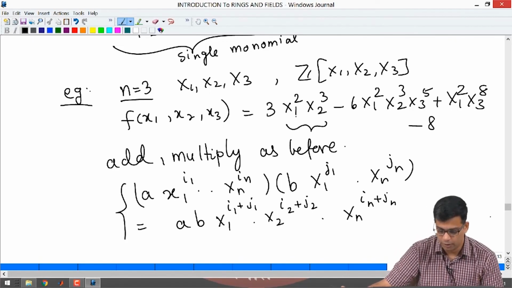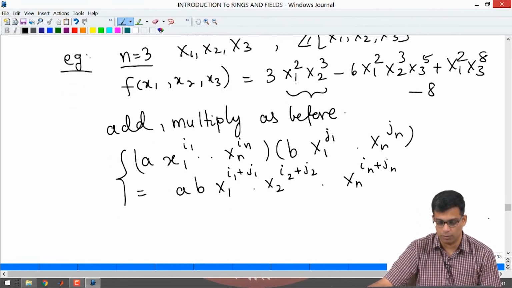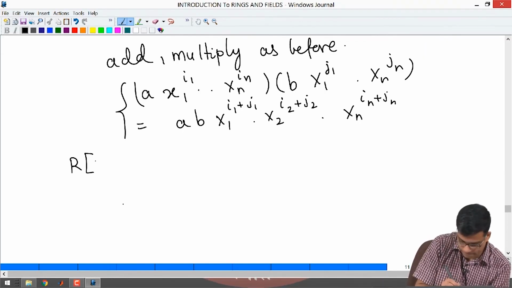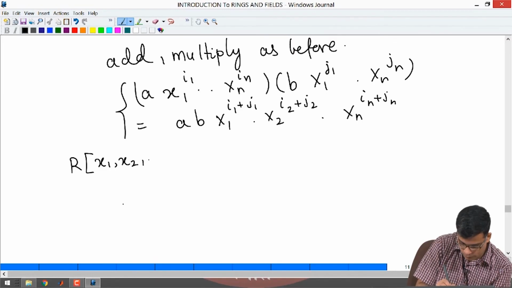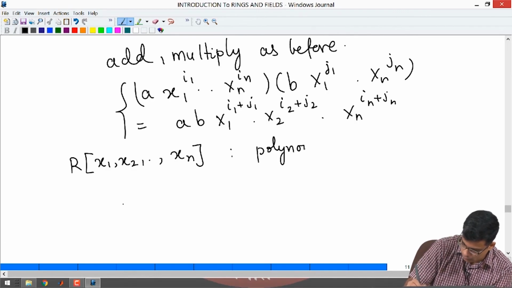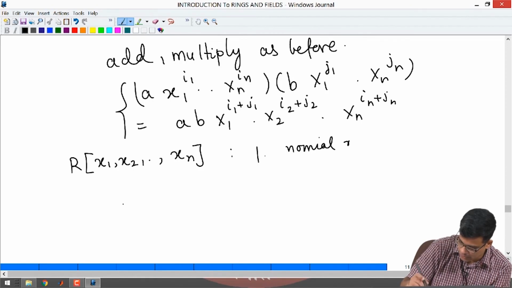Now, one final comment about this. Just like we have not verified, but it is an easy fact to verify, single variable polynomials form a ring. Here also, R[x1, ..., xn] is a polynomial ring. So, this is a ring, rather I should say first.